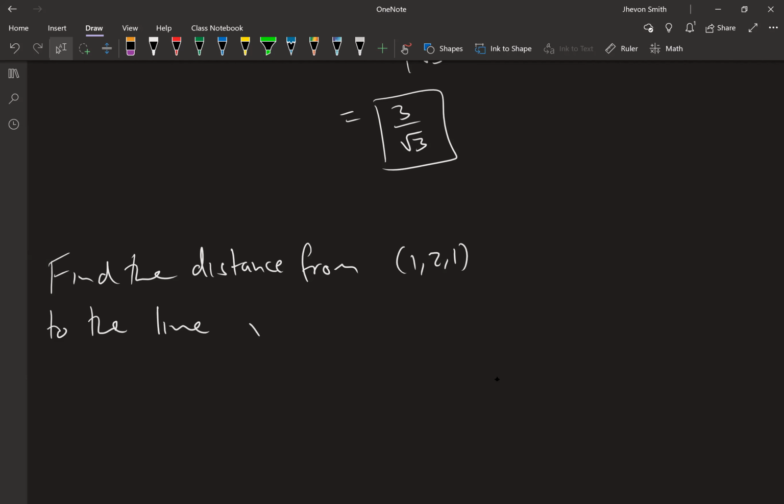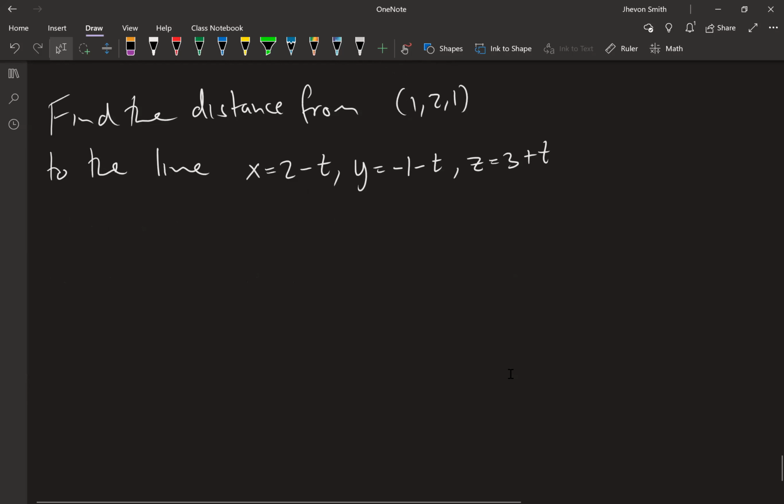So let's say x is equal to 2 minus t, y is equal to minus 1 minus t, and then z is equal to 3 plus t. How would we do that one?